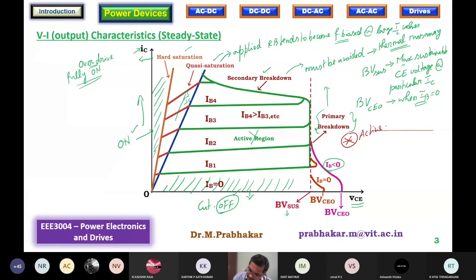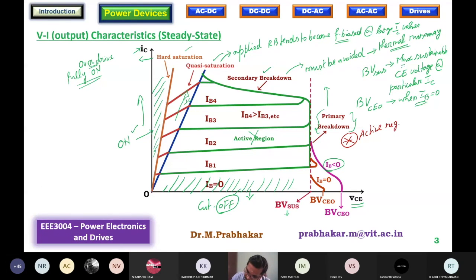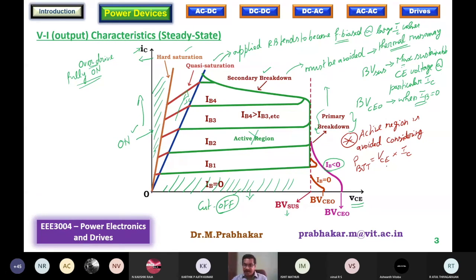So the active region is avoided considering the power dissipated across the BJT, which is equal to VCE into IC.